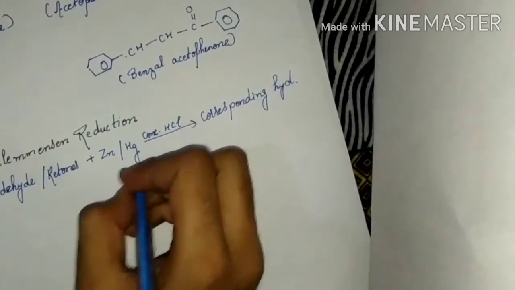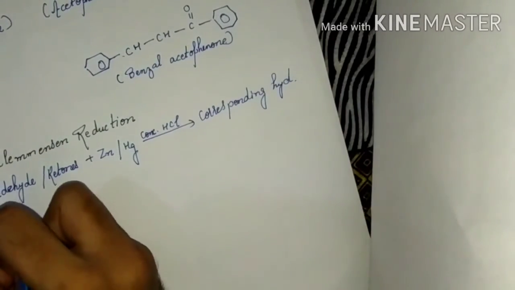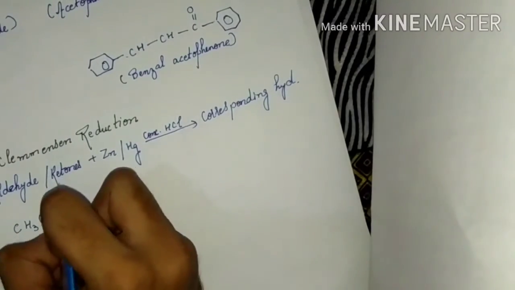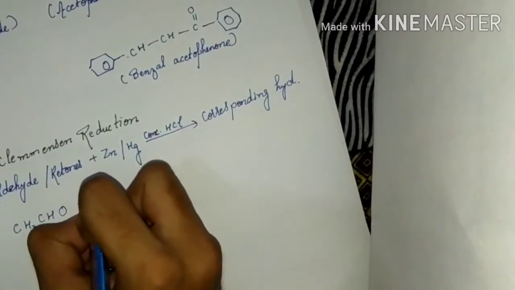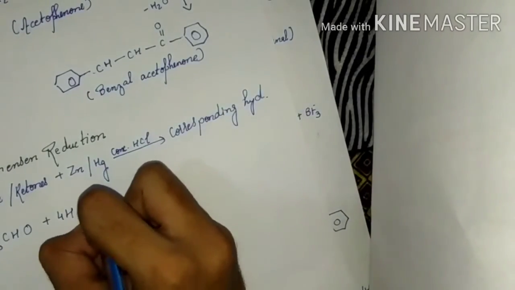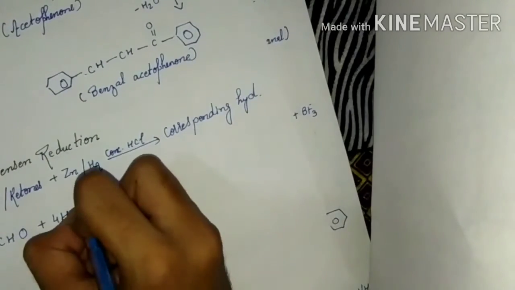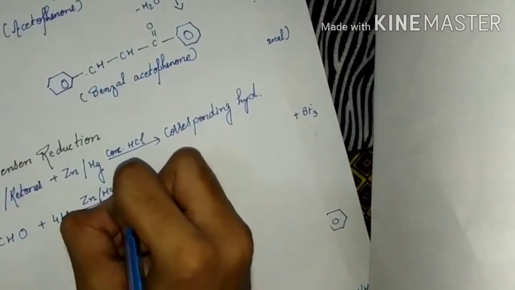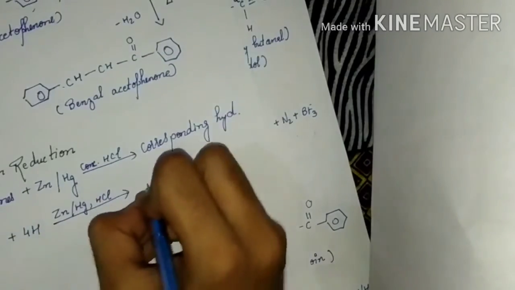Okay, so for example, let us take this group plus 4 hydrogen atoms in the presence of zinc and mercury, concentrated HCl.